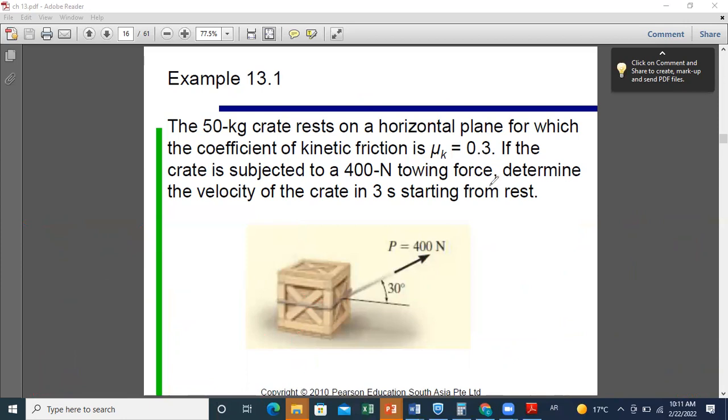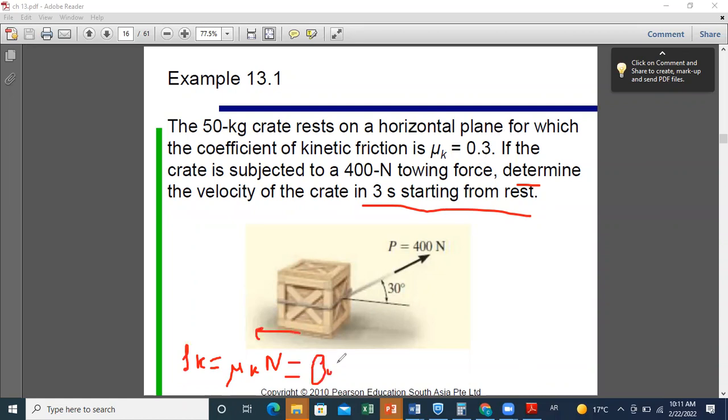And already they told us to determine the velocity after 3 seconds. So of course it's moving, but it's important to know this concept because we'll use it a lot later in problems. Okay, so here I know that my box is moving, so the friction is a kinetic friction, and it equals mu k N. We already calculated the value of N, and we have mu k equals 0.3.